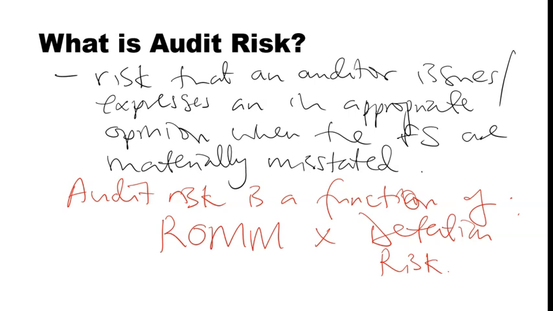So it is actually safe to say audit risk is the risk that an auditor issues or expresses an inappropriate audit opinion. That is actually fair to me. All right, that is actually a fair definition because it is about issuing the audit report opinion.